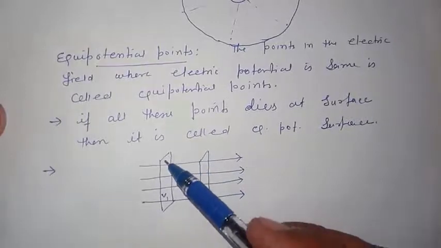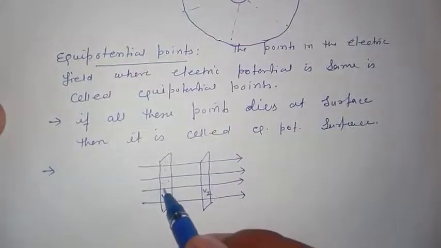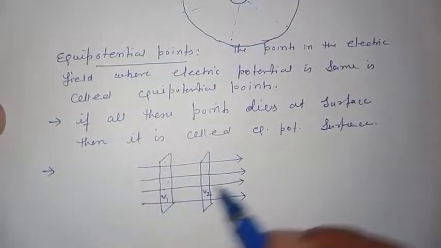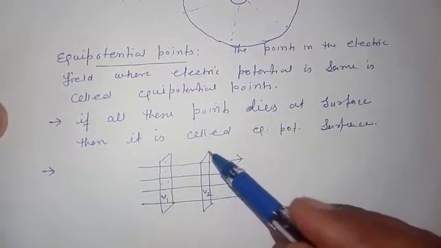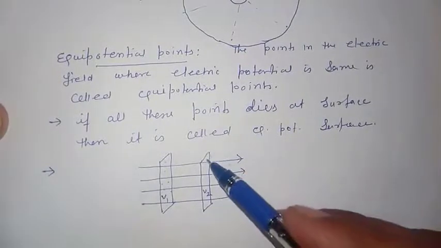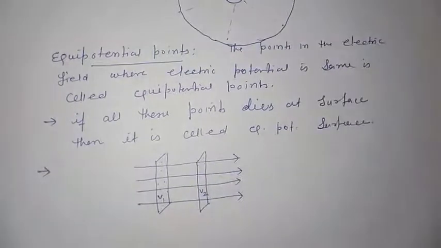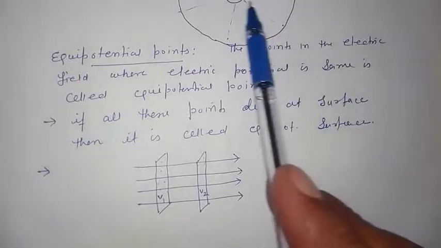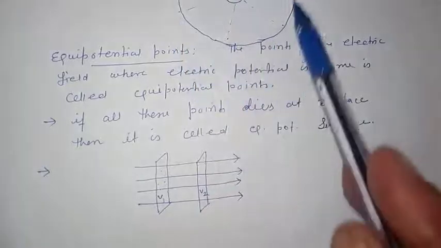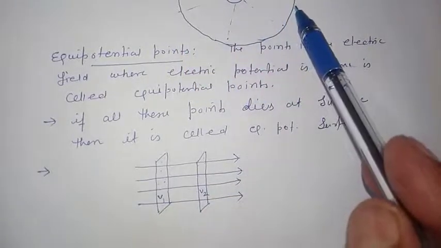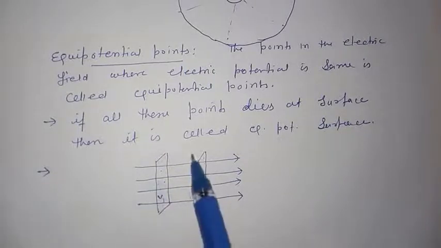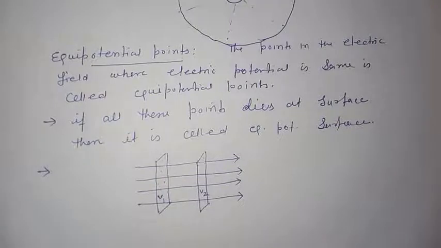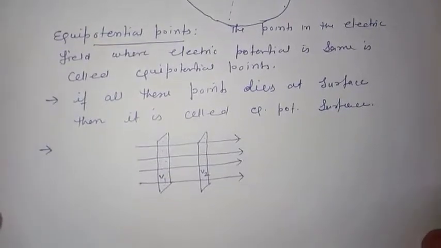Anywhere you take a point, the potential will be 5 volt. On the second surface the potential is V2, say 4 volt, so in the same way at each and every point the potential will be 4 volt. From the examination point of view, keep in mind that for a point charge the equipotential surface is spherical, and in case of a uniform electric field they are planes perpendicular to the x-axis. You can define it, you can draw it also.